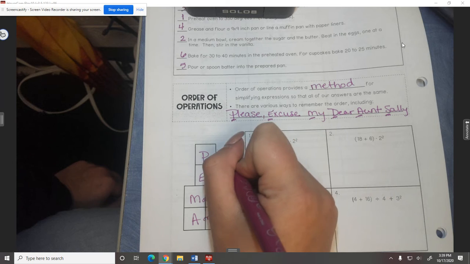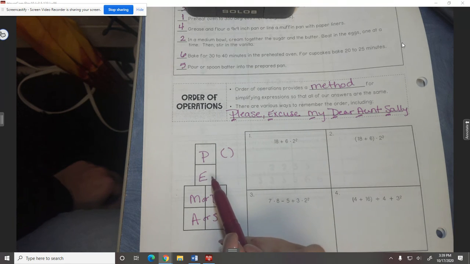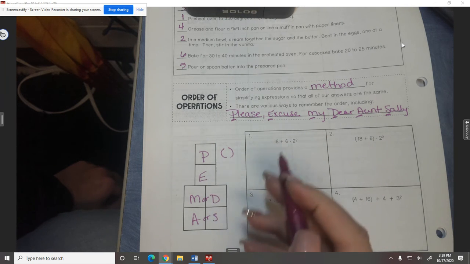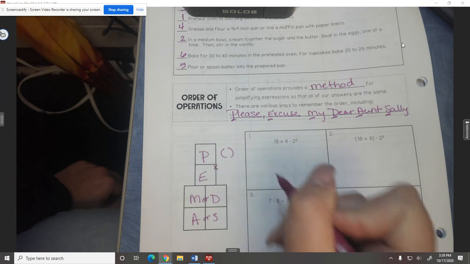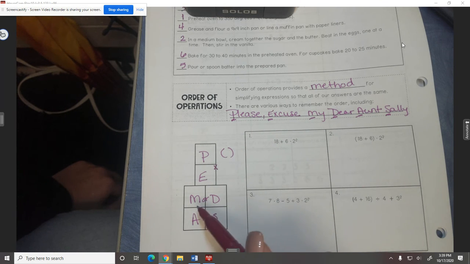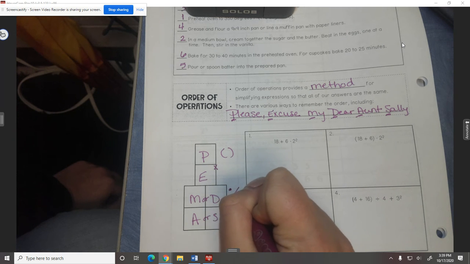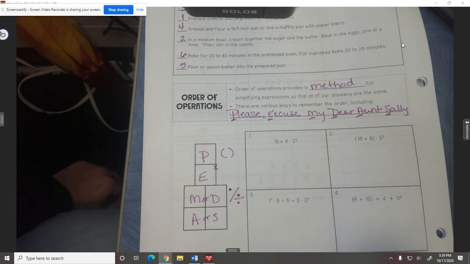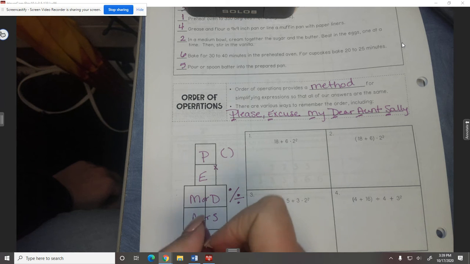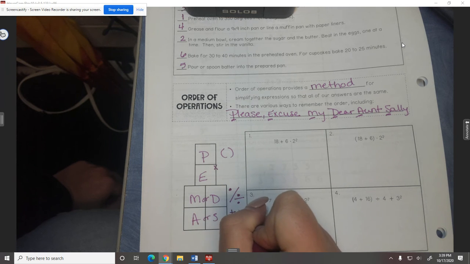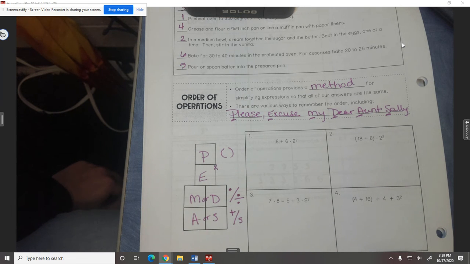That's right, P stands for parentheses. E stands for exponents, like we talked about in the last video. M or D stands for multiplication or division. Notice I didn't use an X for multiplication because we don't use X's anymore. A or S, so addition or subtraction.